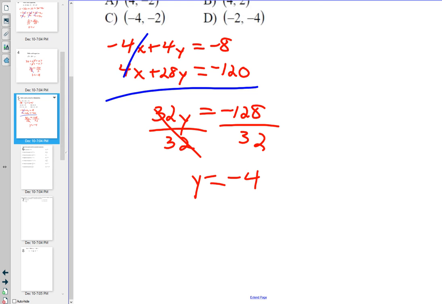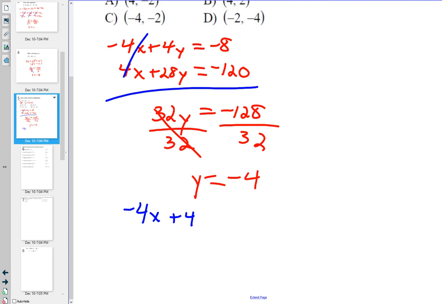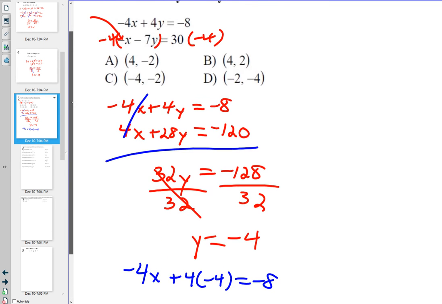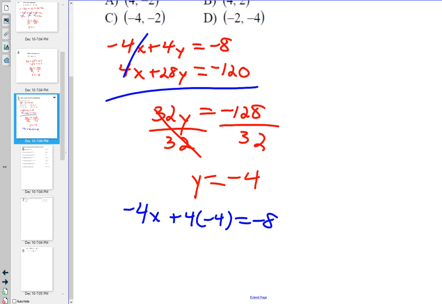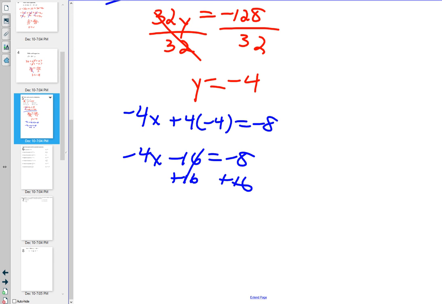Negative 4x plus 4 times negative 4 is equal to negative 8. Negative 4x minus 16 is equal to negative 8, plus 16 plus 16. Negative 4x is equal to 8. Divide by negative 4.